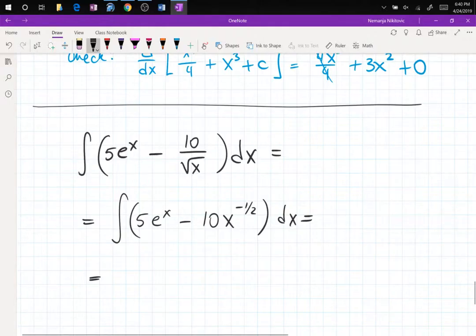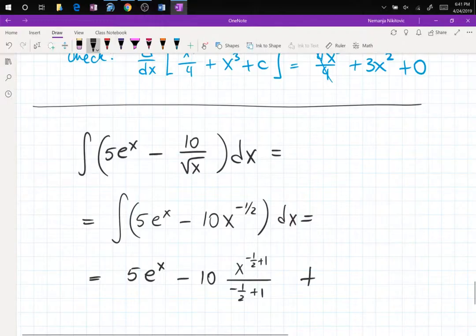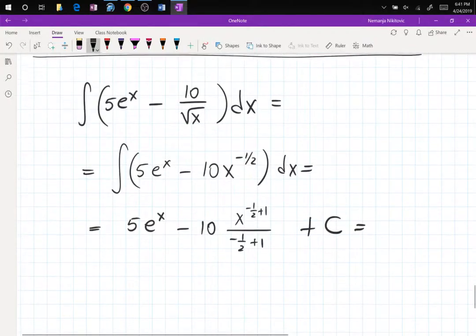Now, for the first one, I just copy 5e to the x, because constant 5 you get to just kick out, and integral of e to the x is itself. So nothing new there. Minus, I copy 10, that's the rule. And now I have x to the negative 1/2 plus 1 divided by negative 1/2 plus 1. And then don't forget plus c at the end.